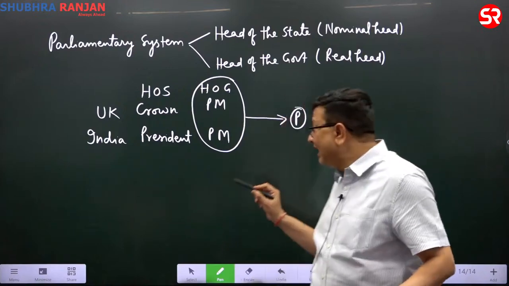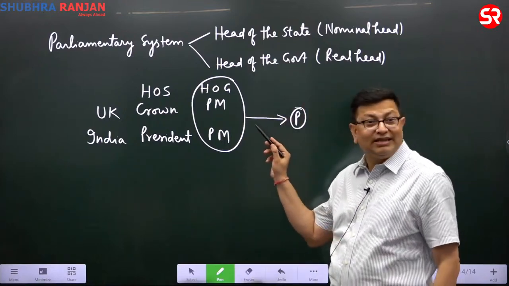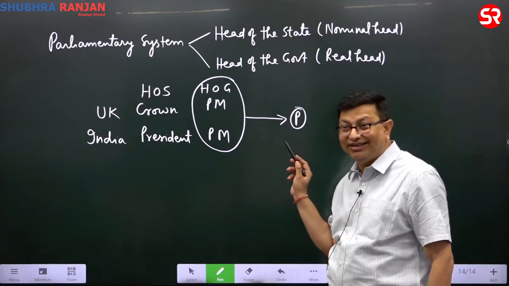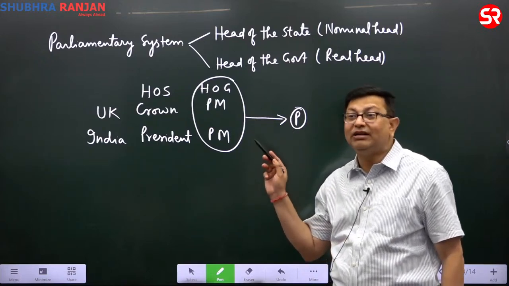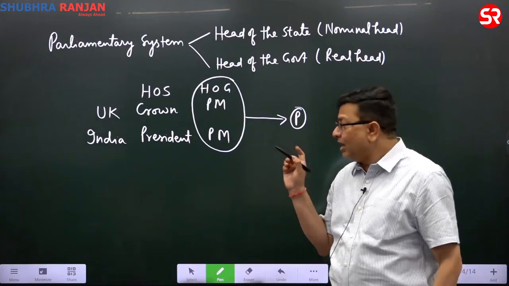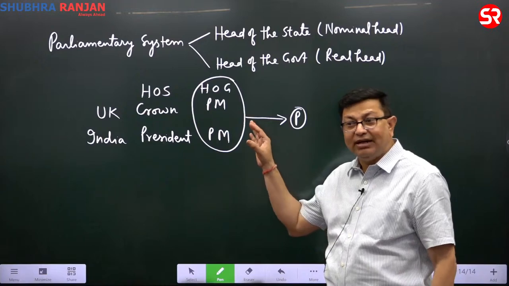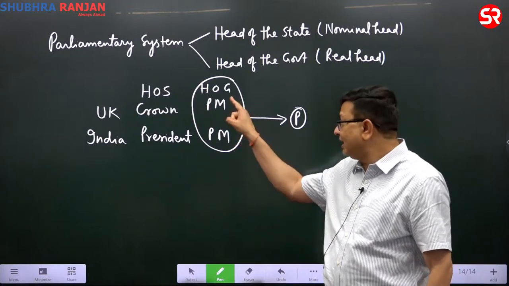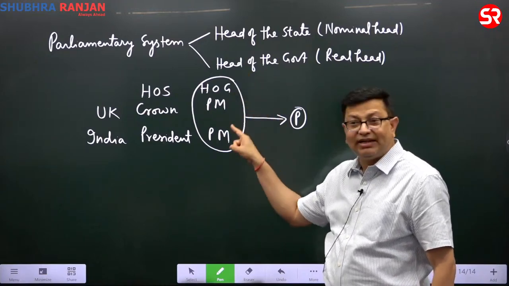And in Great Britain, the legislature is known as the parliament. So from there the nomenclature came, parliamentary system. Now, this is the first important classic aspect, that the head of the government is the real head.